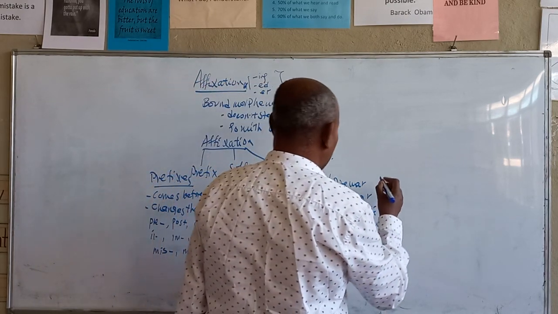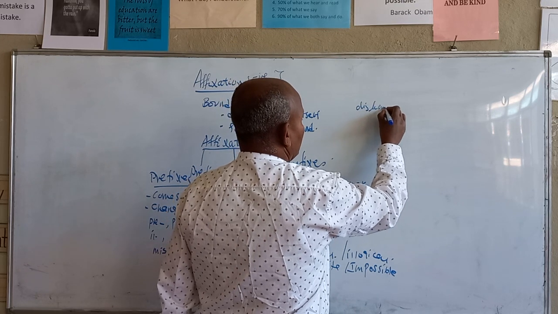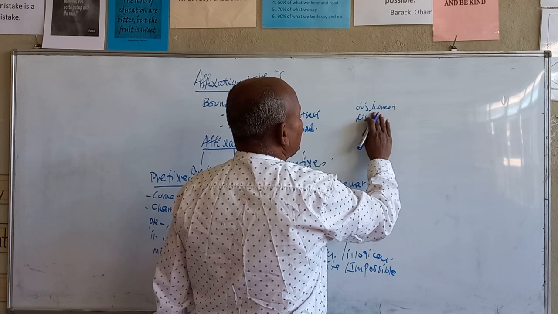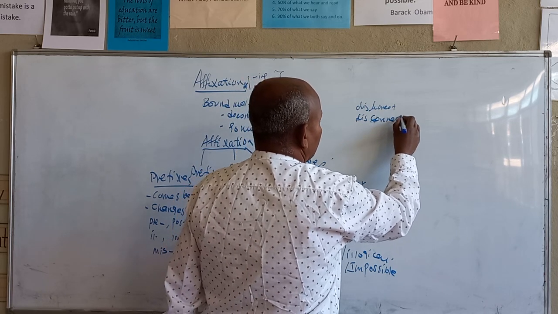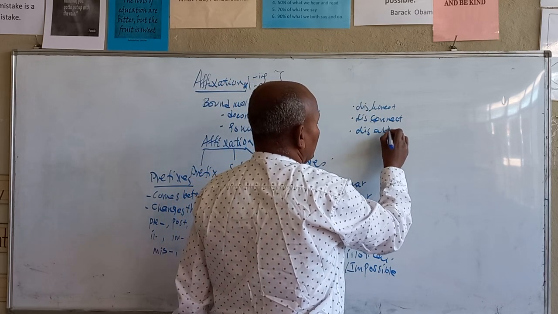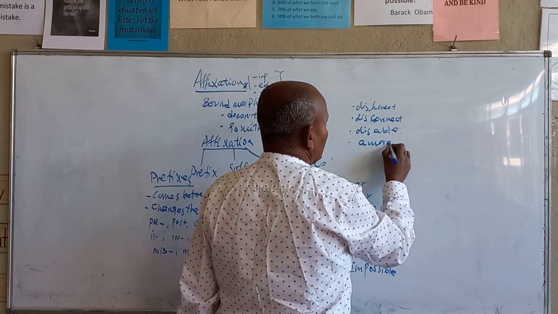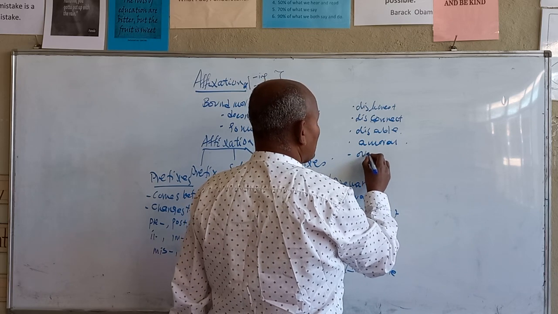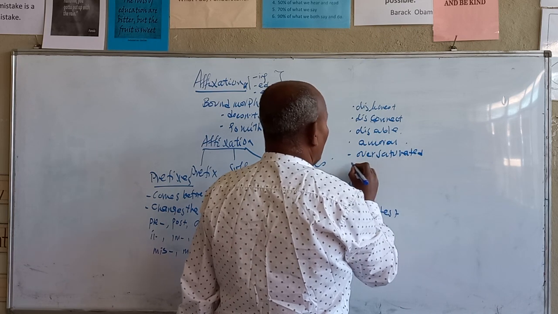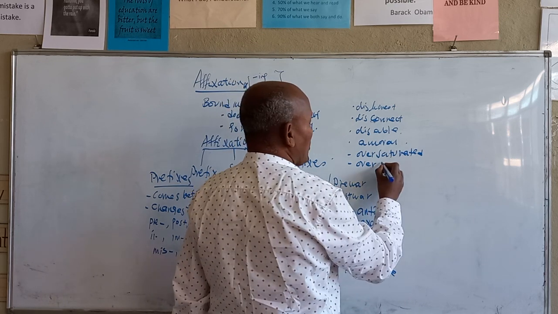And the other very important part here is dishonest, discomfort, disconnect, disable. And this one, immoral, oversaturated, overstructure.